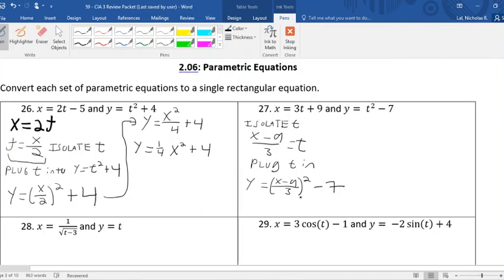And so that's going to give us y is equal to x squared minus 18x plus 81 all over 3, minus 7. And I'm willing to leave it like this.